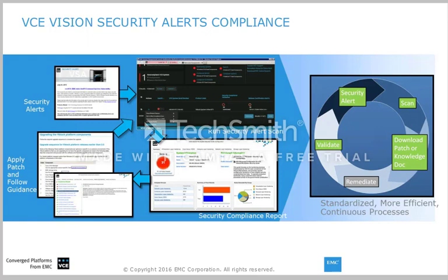In the bottom right screen, a report provides details of impacted systems and components. In the bottom left screens, we mitigate risk by downloading and applying security patches for VCE systems multi-vendor components from the VCE support website or by following VCE knowledge article guidance.